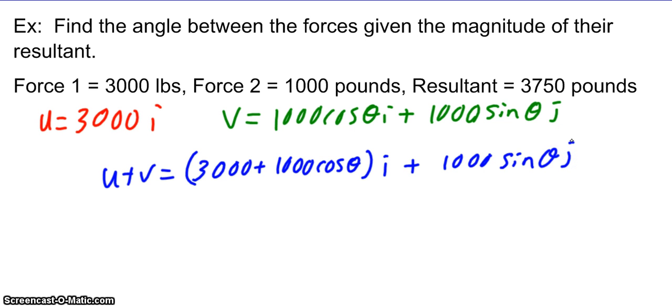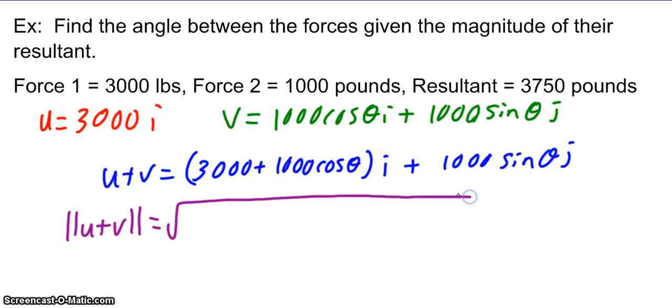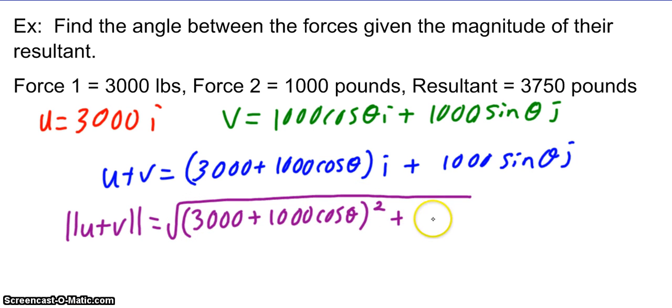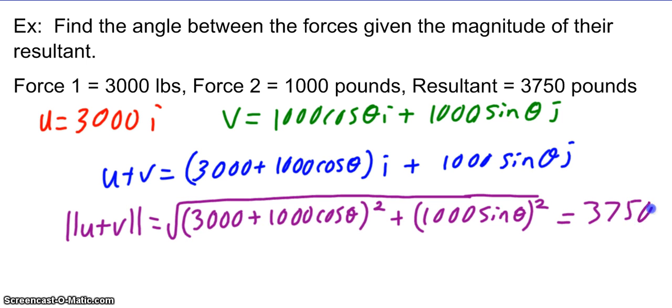j. And so then the magnitude of u plus v, which is what I know is 3750, is the square root of quantity 3000 plus 1000 cosine theta, squared, plus quantity 1000 sine theta, squared, and this equals 3750.